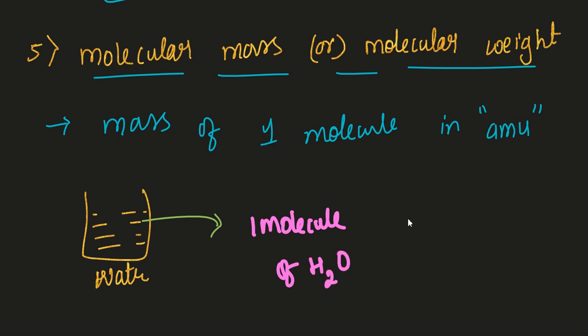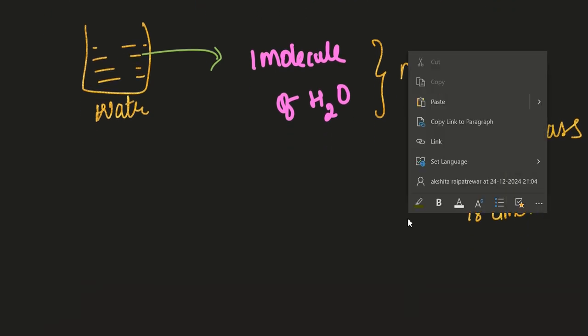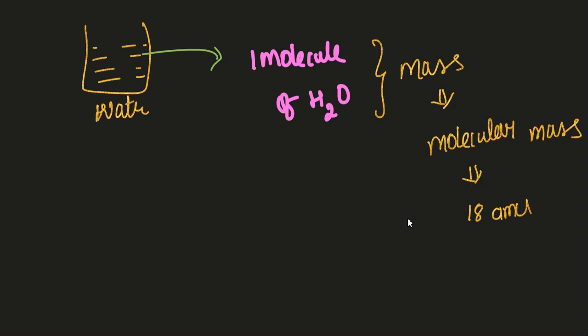Out of a lot of water molecules, I take out one molecule, and whatever mass it has, that is its molecular mass, or you can call it molecular weight. Its molecular mass value was found to be 18 AMU. So if you're talking about only one molecule, its weight is 18 AMU.